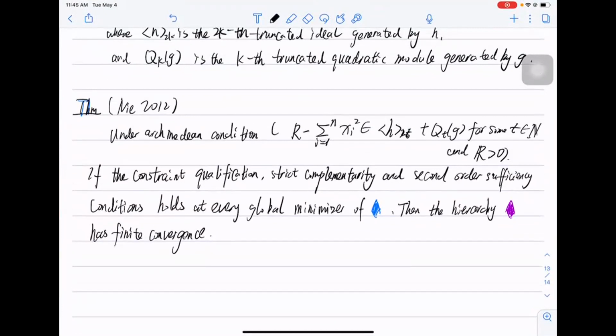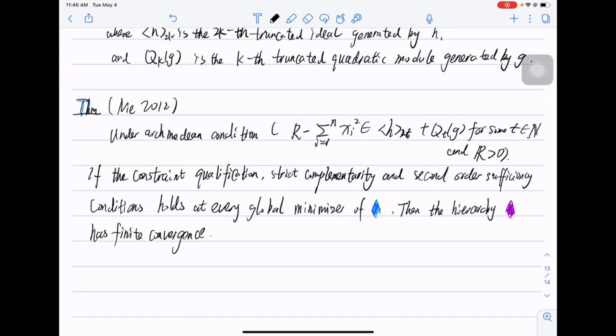Yes, but it is exponential. It has finite convergence, meaning some finite number of levels will be sufficient, and that number of levels is exponential in the number of variables of the original problem.